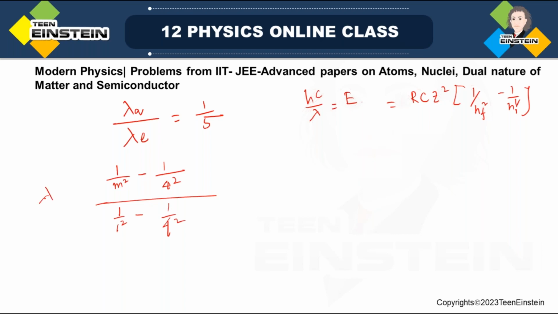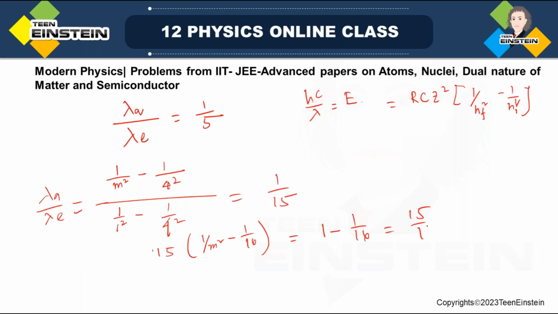So this is lambda a by lambda e, which is given as 1 over 5. Now it will be easier to do the calculation. Now look, this is 1 over m square, 1 over 16. So this will be 1 minus 1 over 16 again.